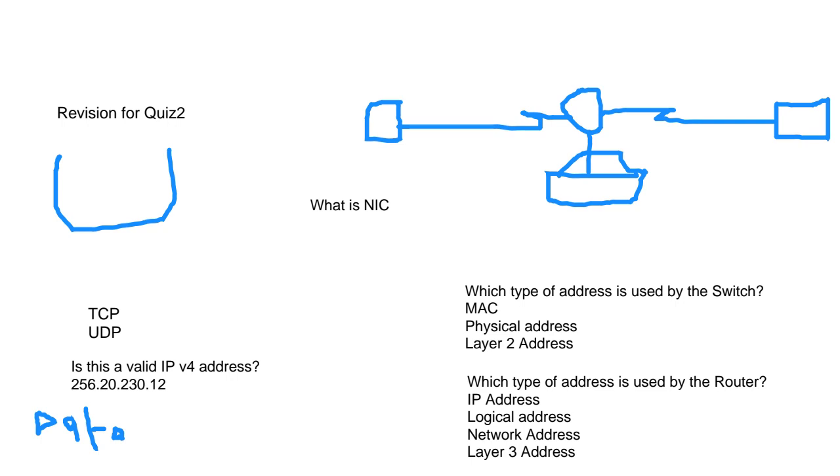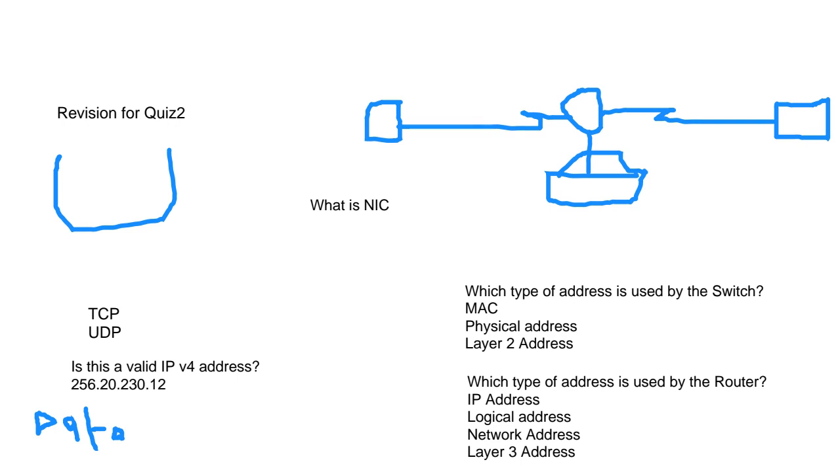In the transport layer, look at your PowerPoints, it's called segment. In the internet layer or network layer, it is called packet.